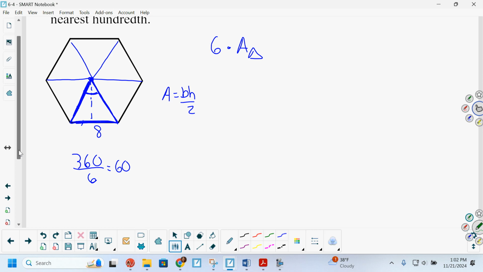So that means that if I just focus on this right triangle, this angle here is 30, which makes this 60. And this bottom piece is 4. So I have across from the 30 is 4. Wait a minute, I got a 30, 60, 90.